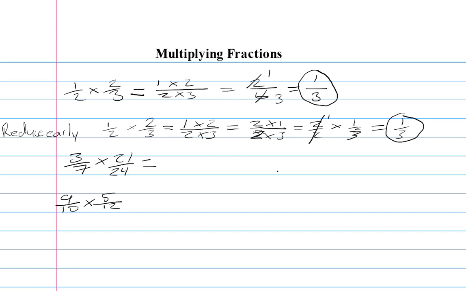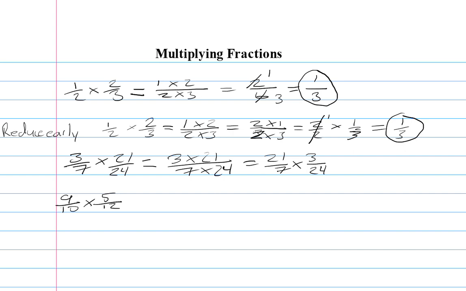So I am going to reduce 3 times 21 over 7 times 24. I could rewrite this as well. So I could say 21 over 7 times 3 over 24. Still the same thing, it doesn't change because we multiply numbers.